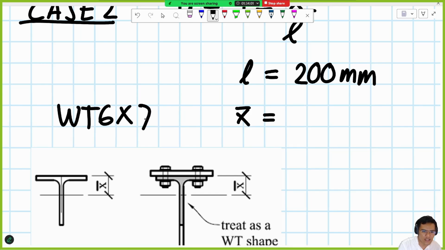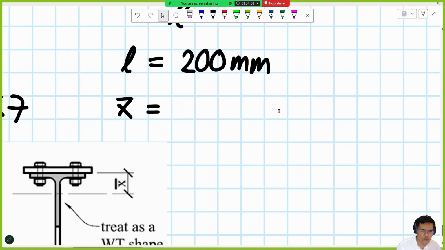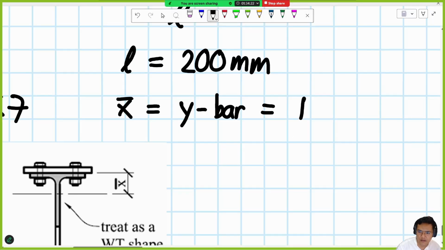Let's take note of it, the equivalent WT section. Based on this, x bar is equal to y bar, which is equivalent to 44.7.